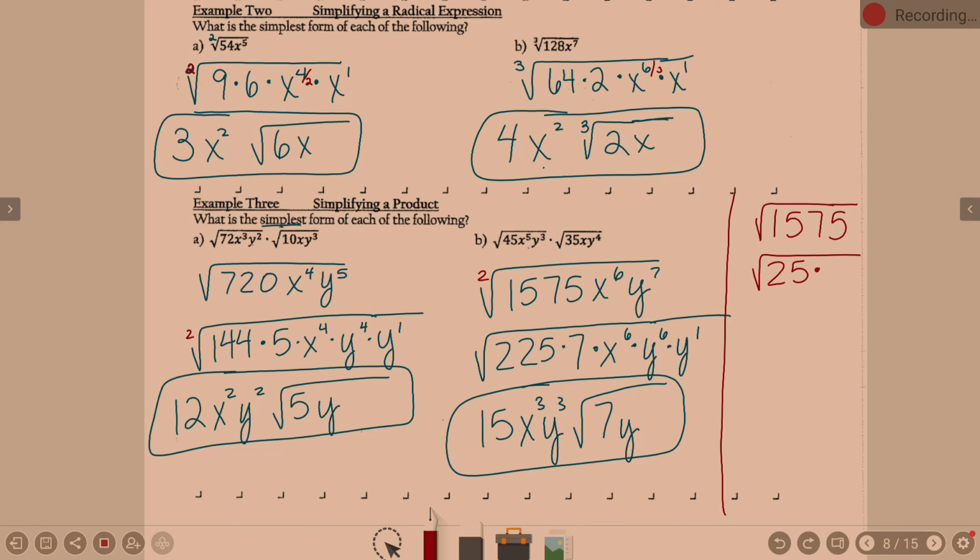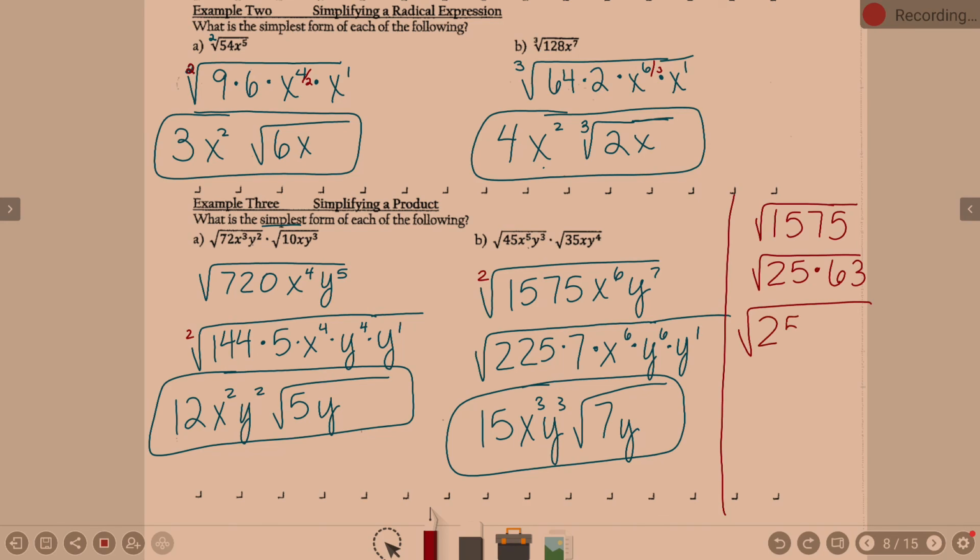Well, it's 25 times 63. Here's the catch with this one. 25 is a perfect square, isn't it? But 63 still has a perfect square in it. So the key is if you don't use the biggest number, you have to keep going.